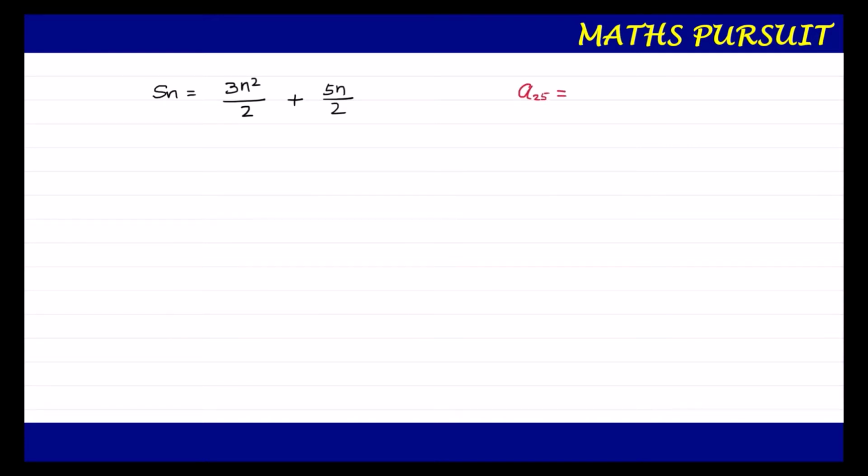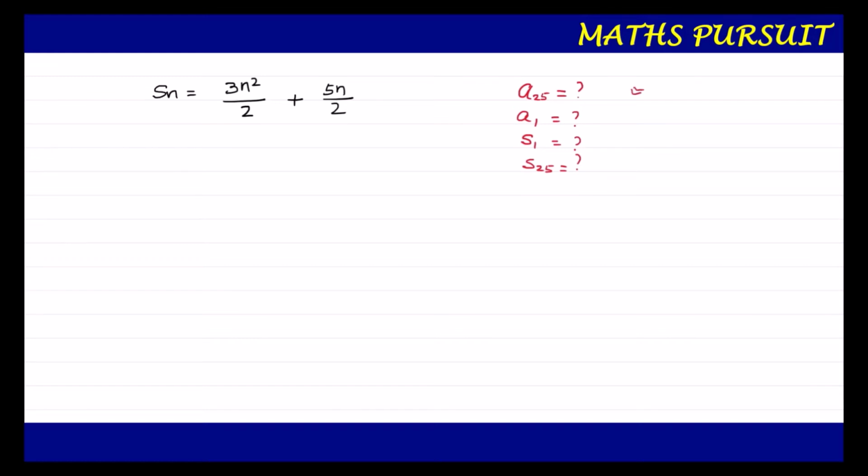In order to find a25, we will find a1 first. In order to do this, we will also find S1 and S25. So these are the three different things that we are going to find in order to reach a25.